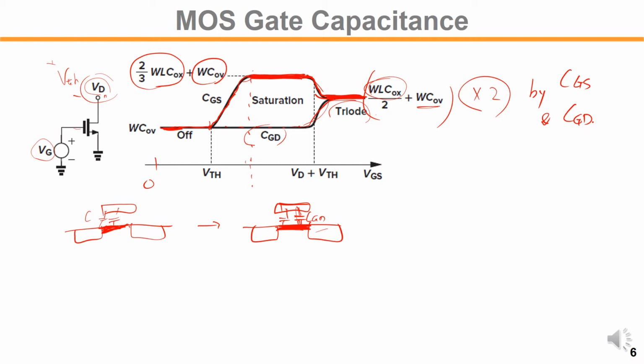When this is off, the off capacitance is given by the overlap capacitance, right? So if we consider the overlap capacitance, the off state will start from W times COV, the overlap capacitance.